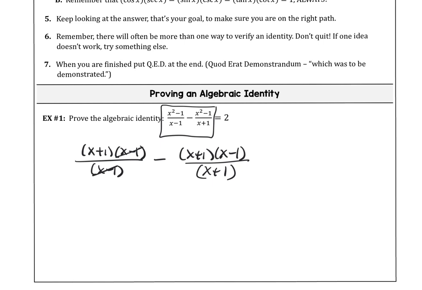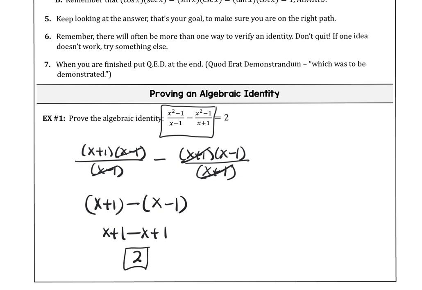Notice I am not canceling across a subtraction sign because you cannot do that. And on this one, these two can cancel. So I'm left with x plus 1 minus x minus 1. That's x plus 1 minus x plus 1, which is just 2. And now that I've gotten to the thing I want to get to, I know I am done. That is actually how you would prove an identity.